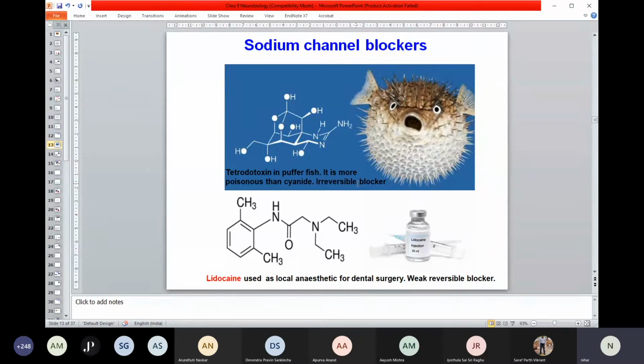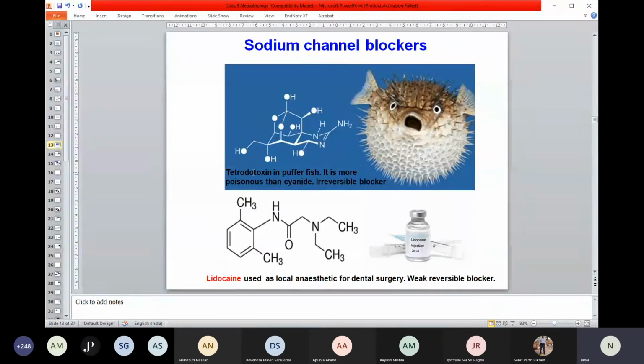Okay, now think there are some poisons. In this case, I'm showing here a fish called the puffer fish. This puffer fish has a poison gland, and the poison gland has one of the most poisonous molecules, called tetrodotoxin. This is just to show you the structure.